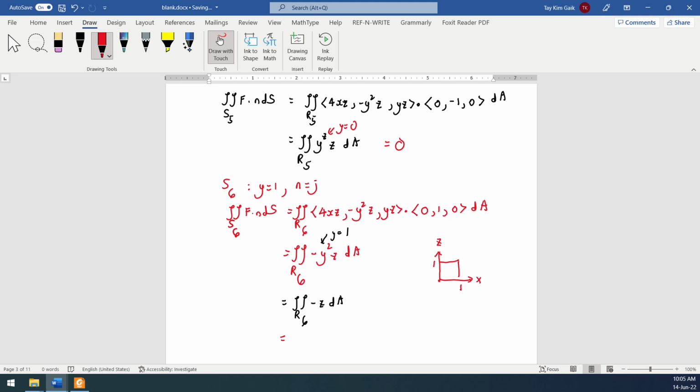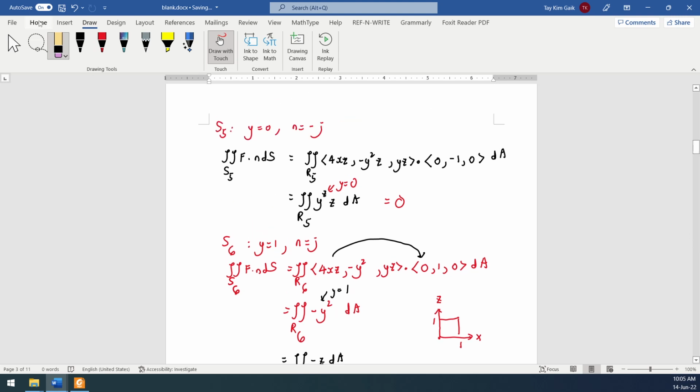Why negative y squared z? Now here, negative y squared z multiply 1, doing the dot product. No, no, the initial equation is not only negative y squared. Oh, without z. Okay, sorry. Thank you. So the upper one, S5, is also wrong, Doctor. Okay, thank you.